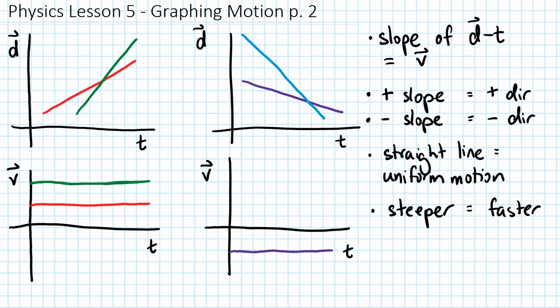So let's say that's my position time graph there. Actually, I should start it here. And for the blue line, it's steeper, so it should have a bigger negative number because it's going faster, just in the opposite direction than the object in the purple line. So my velocity time graph would look like this.